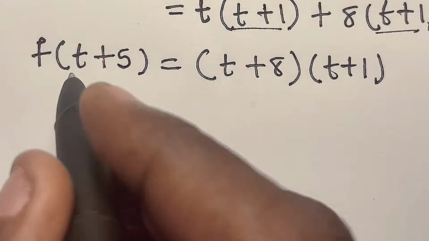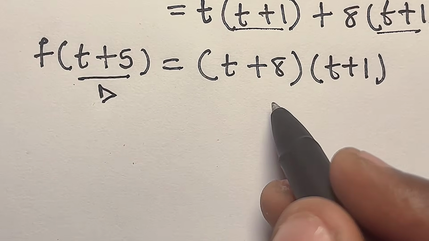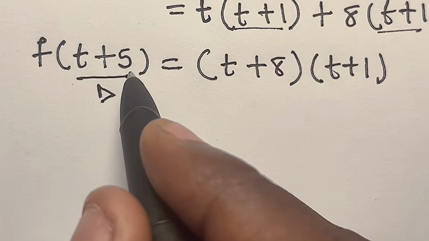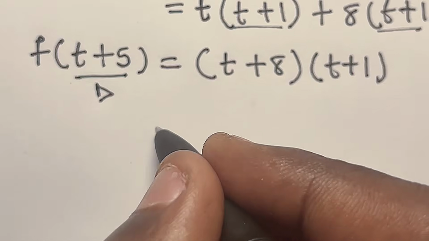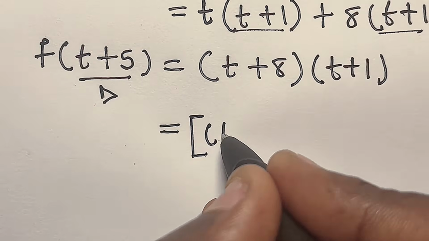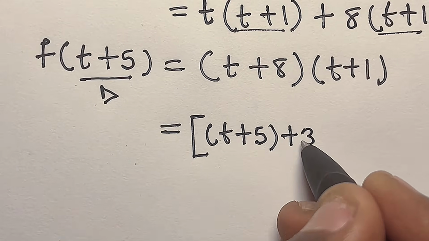All right. So now we want this to look exactly like t plus 5, right? And to do that, we make it to be t plus 5, right? So let's add 3, so it becomes t plus 8.